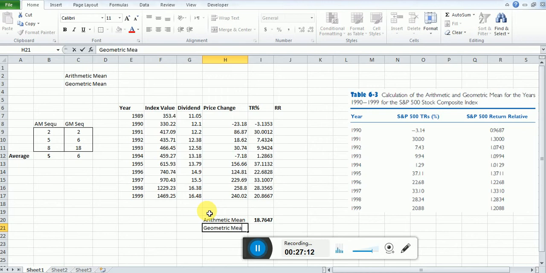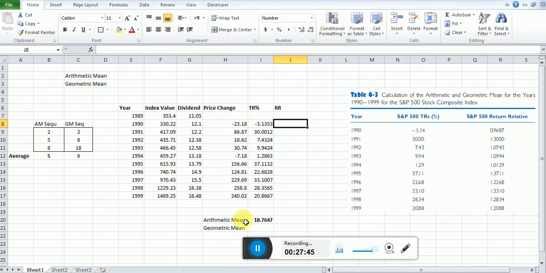If you want to compute the geometric mean, then use the formula I have explained, just write geo mean, and take all the values. But here is a point, dear students: we cannot put a negative value in the geometric mean. For the geometric mean, we must convert all the values into positive values, and we have a negative value here. So what is the solution for this? We can use return relative.